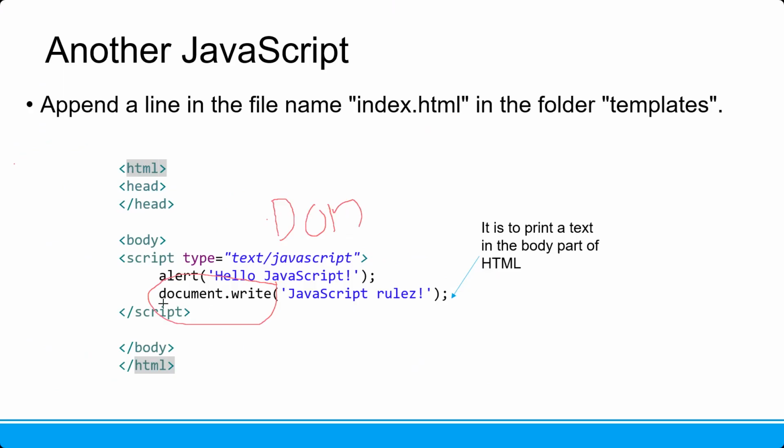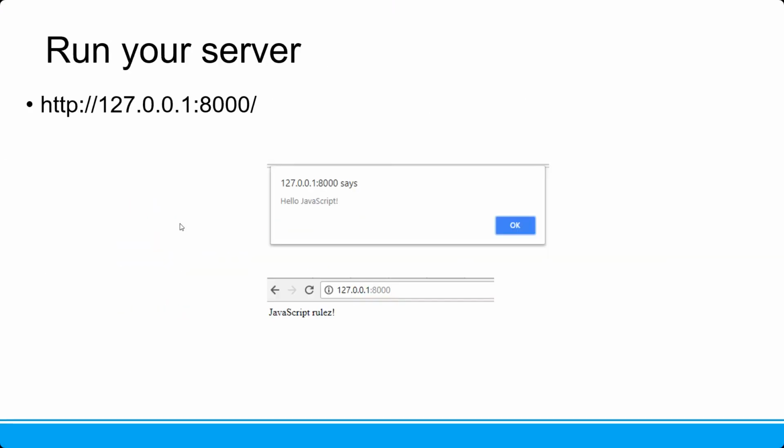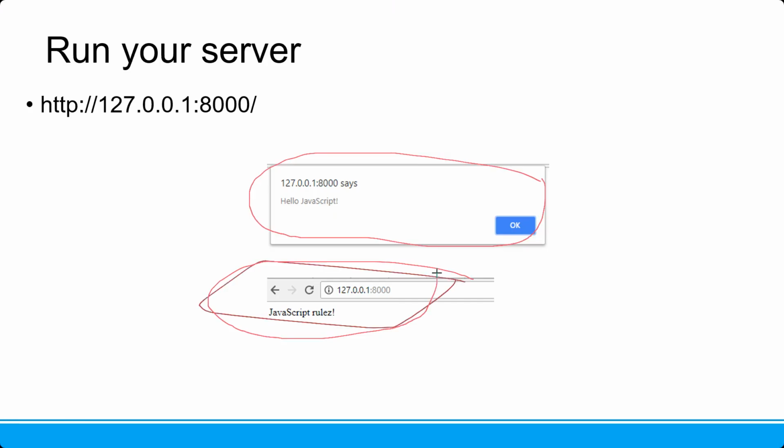So when you want to access the document with the JavaScript, you want to write something. So you are writing the JavaScript rules. So there are two. The first is the pop-up, and the other is the result on your web.